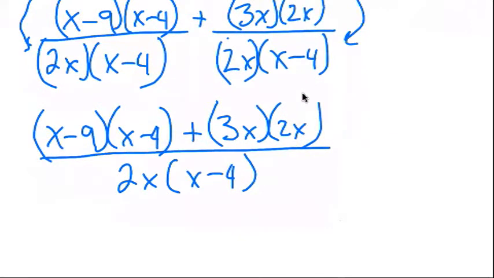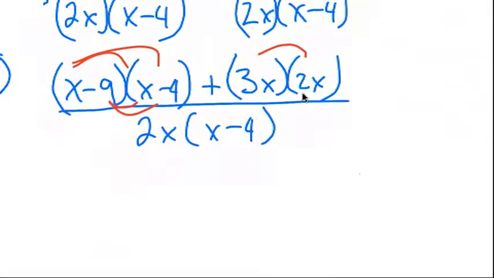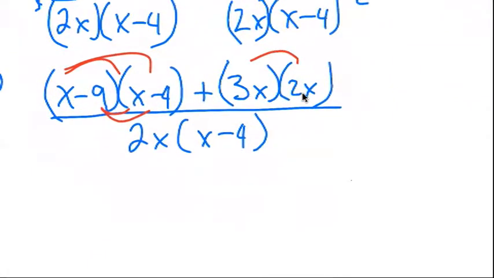So I have two brackets here. I'm going to do my FOIL. I'm just going to use distributive property. x minus 9 times x minus 4 is x squared minus 4x minus 9x plus 36.